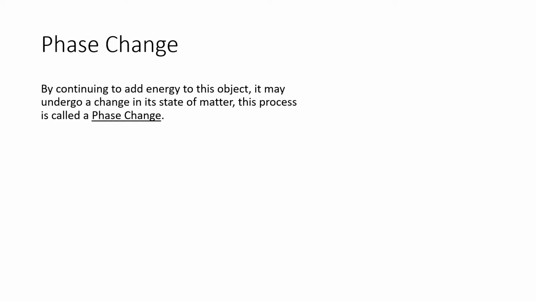We can't expect that object to remain how it is forever. Simply by the vibrations of that solid object, or maybe the flow of that fluid, it won't always continue at that rate. And so it will undergo what's called a phase change between states of matter.